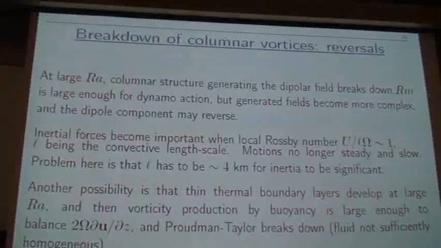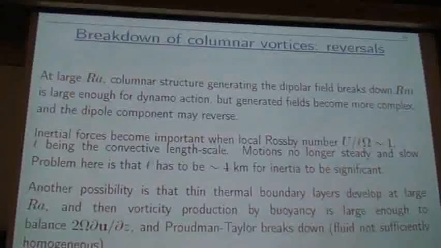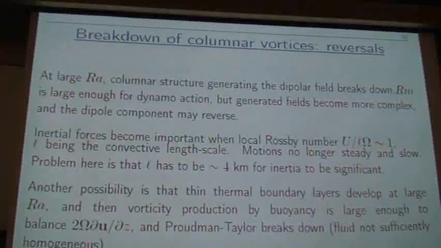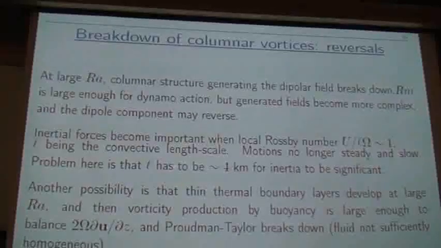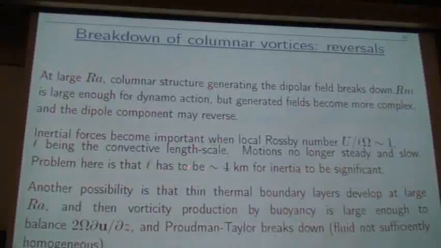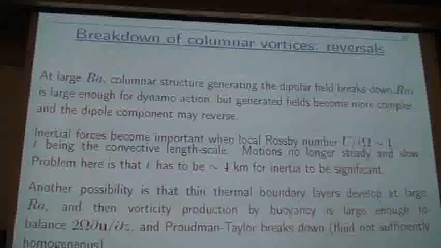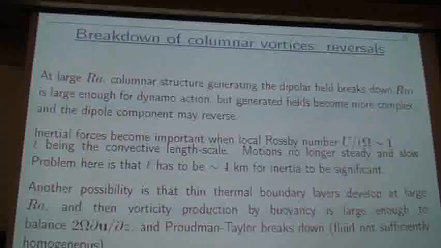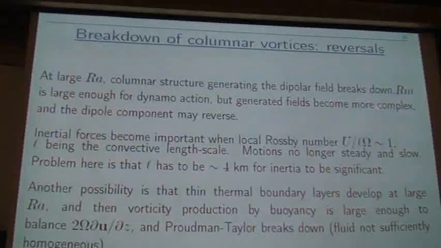Westward drift was known to Edmund Halley in the 1600s, so that observation goes back quite a long time. Of course, where does all this go wrong? Well, when the columns start to break down, you can get reversals and so on. So at large Ra, the columnar structure and the generation of the dipolar field breaks down.